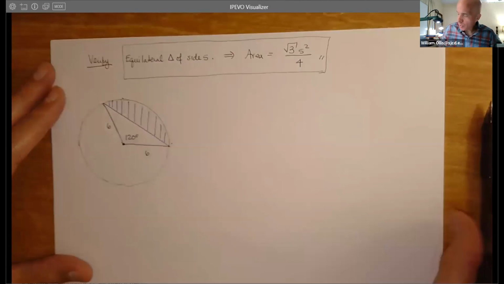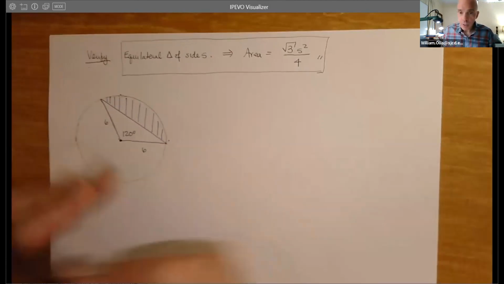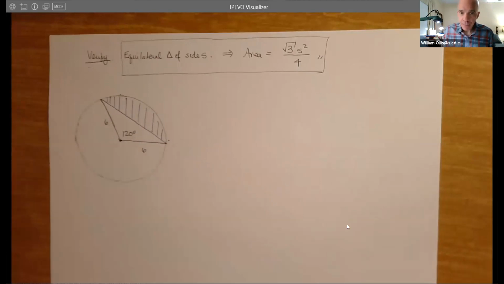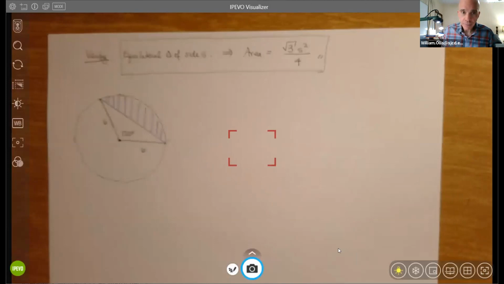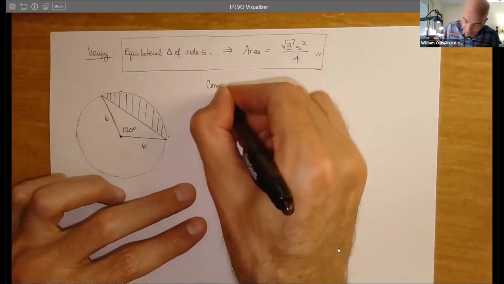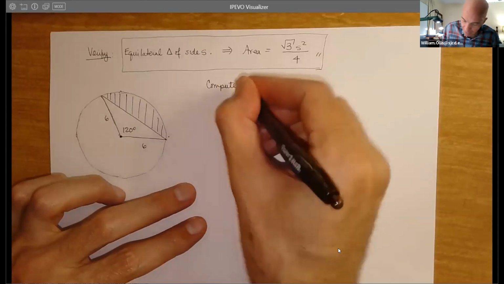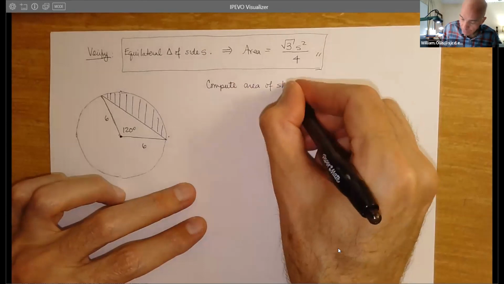So here's what we want you to do. Here's what WebAssign asks you to do. It says compute the area of the shaded portion.